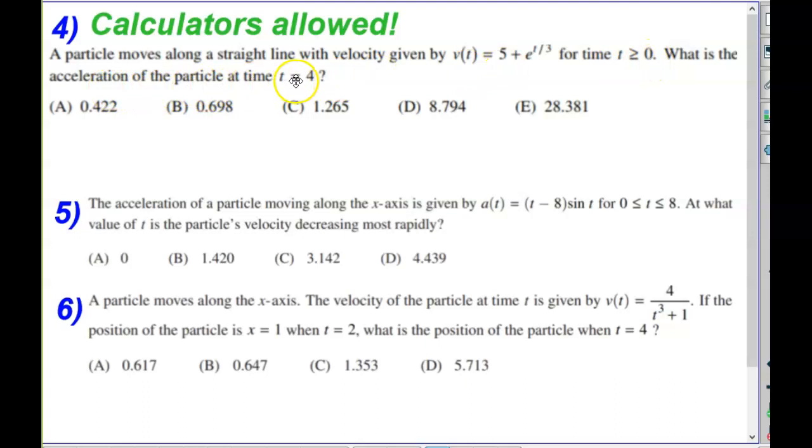What is the acceleration at 4? Okay, what I want you to do is once you have that in y equals, you could find this on a graph. You actually really don't need to plug it into y equals, but I want to make sure you guys understand how to do that.